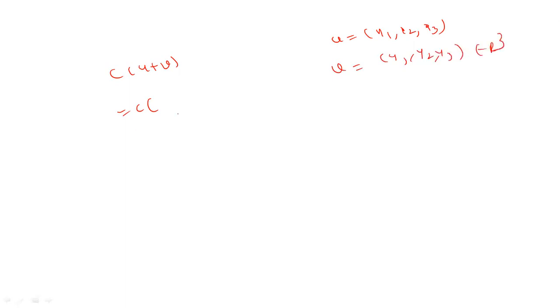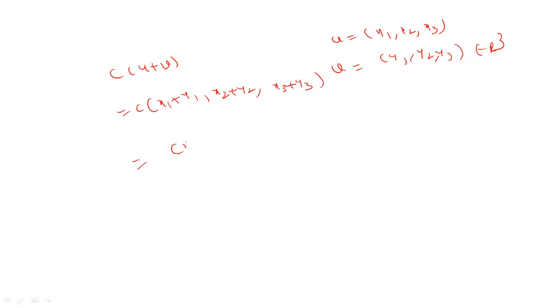What is one more property? C into (u plus v). So u is (x1, x2, x3), v is (y1, y2, y3), both belong to R cube. C into (u plus v) is C into (x1 plus y1, x2 plus y2, x3 plus y3).